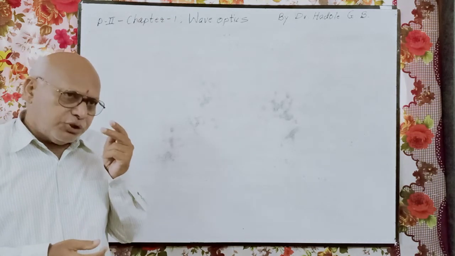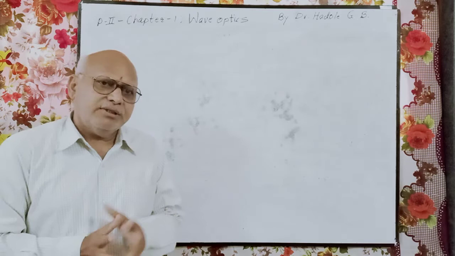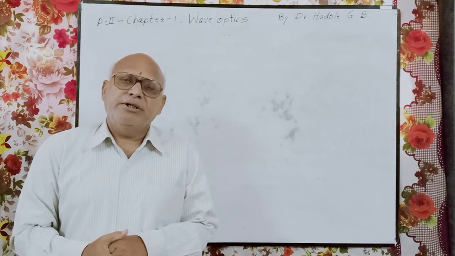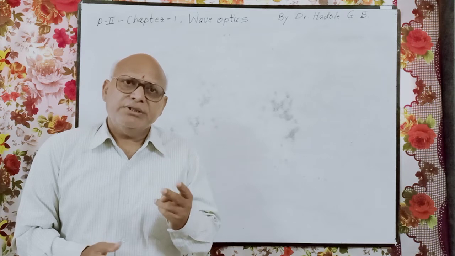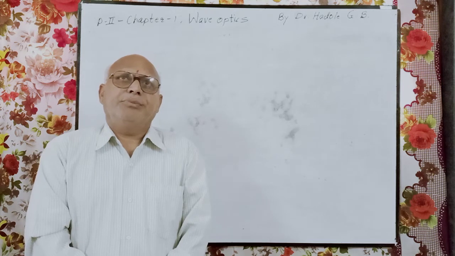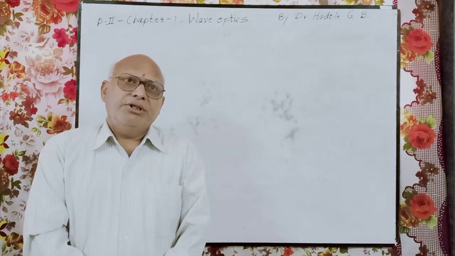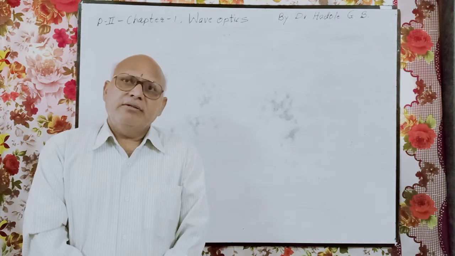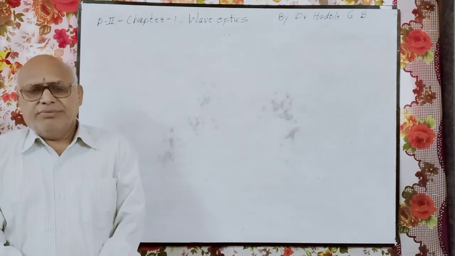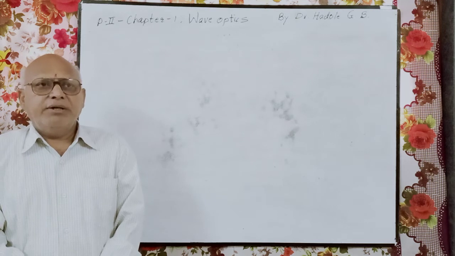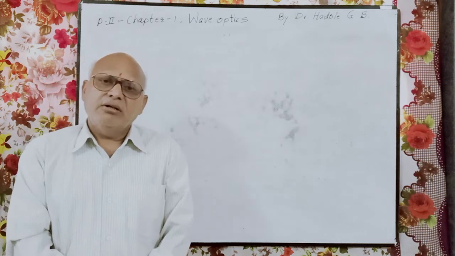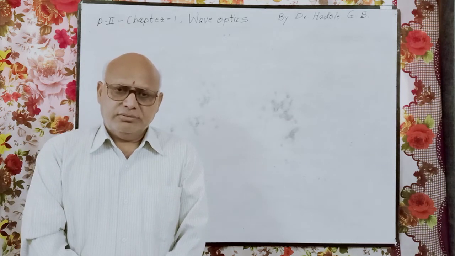Next, if these 2 sources of light have the same amplitude, then the resultant amplitude is twice the amplitude, or 2 times A. Again, if we obtain the resultant intensity of the resultant wave, then it will be 4 times the intensity of the initial source.